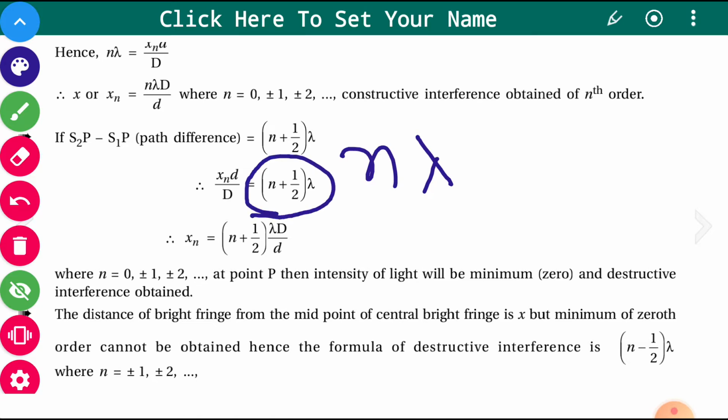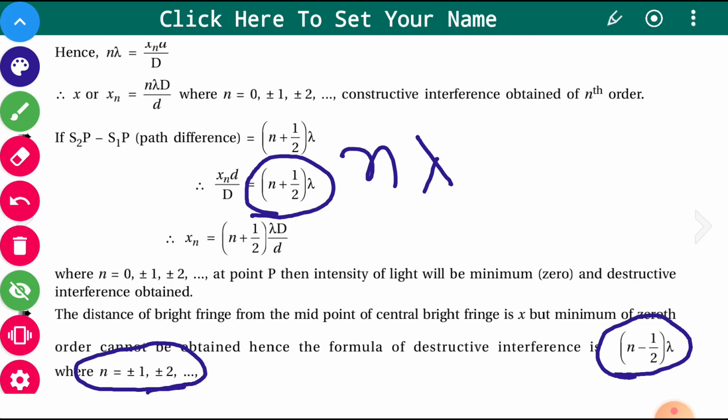The distance of bright fringes from the midpoint of the central bright fringe is x, but the minimum of 0th order cannot be obtained. Hence the formula for destructive interference we can write as n minus 1 by 2 lambda, because the 0th order dark fringe is not obtained, and the numbers will begin from plus or minus 1, plus or minus 2.